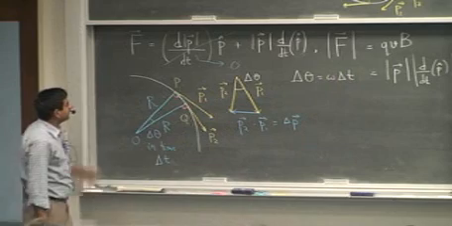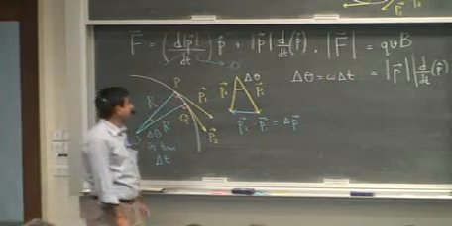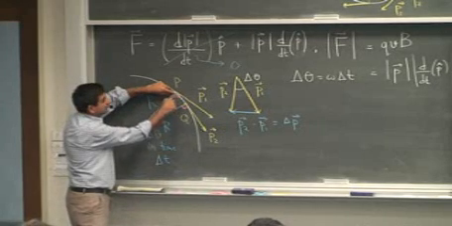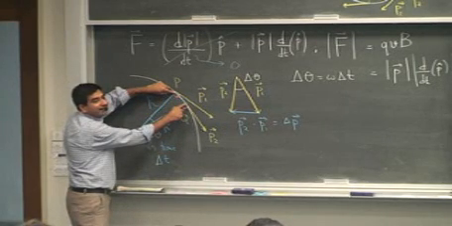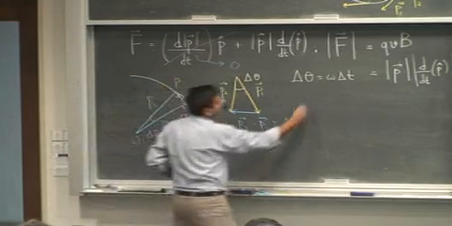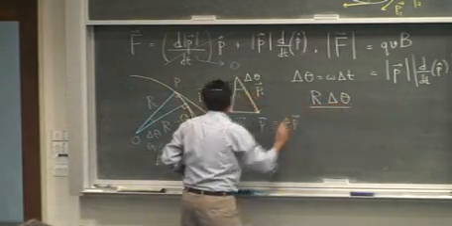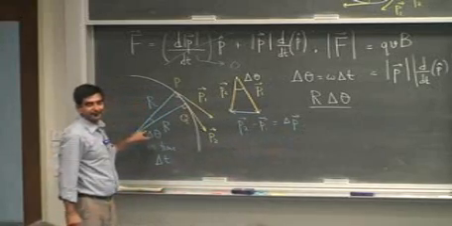I can look at these similar triangles and I'm able to write what's the length of this segment: r delta theta. So this segment has length r delta theta.